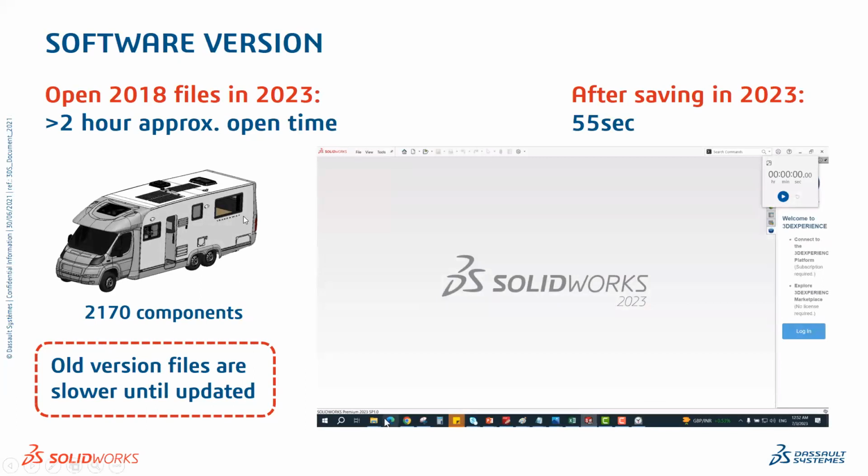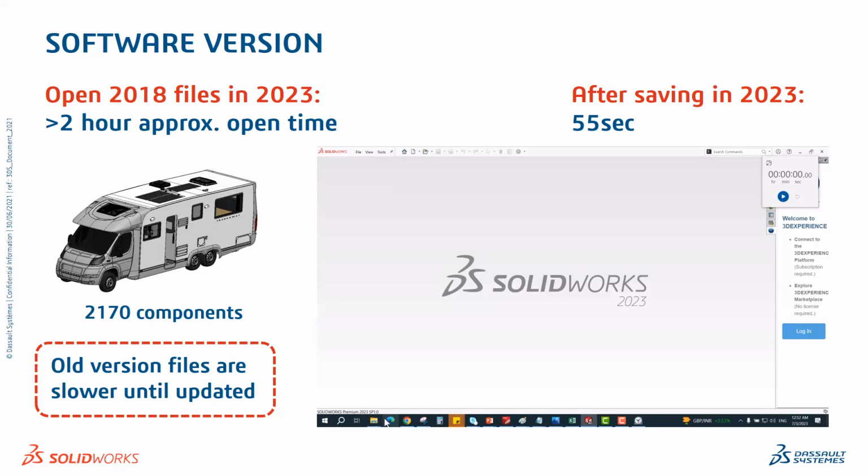This model is called the truckaway model, and it has almost 2170 components. Initially, this entire assembly was created in 2018. When I opened this complete assembly in 2023, it took me more than 2 hours to update because of all the model updates and the library part upgrades.